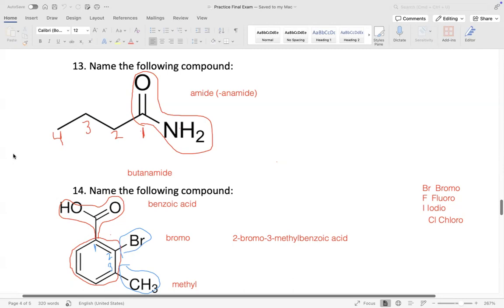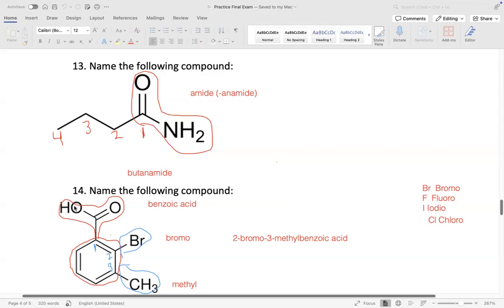In your OWLs though, I think it's the last question on module 7, you might see benzamide, which is when you still have this ring here, but instead of this group right here being carboxylic acid, it's an amide.